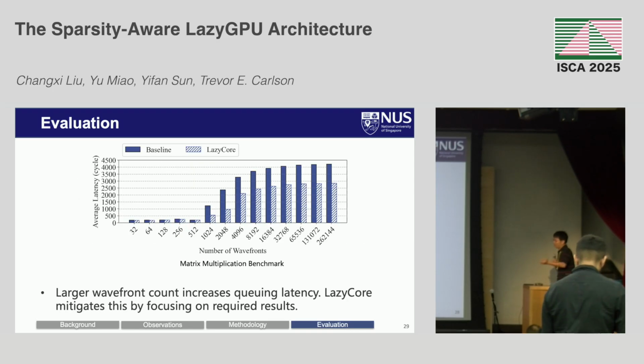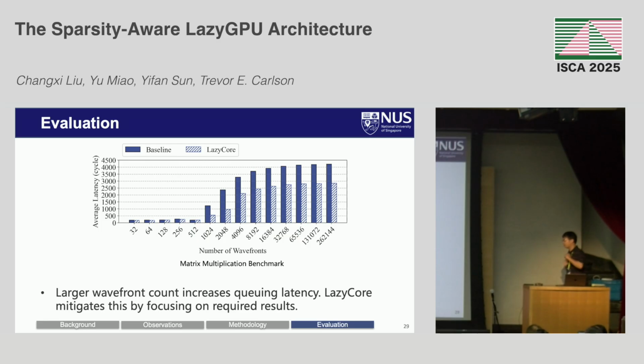We also evaluate on a varying number of wavefronts. We found that with a larger wavefront count, the latency is increasing, because all the memory requests are waiting to be served. So their latency is continually increasing, and Lazy Core can mitigate it.